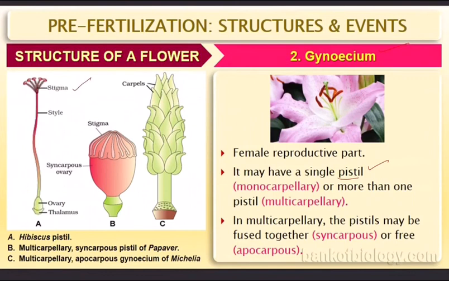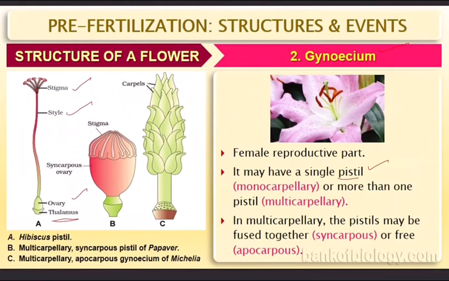Keeping that in mind, the gynoecium consists of stigma, style, and ovary, and of course below the ovary there is a thalamus structure. Here you have a hibiscus pistil, which you must have seen.